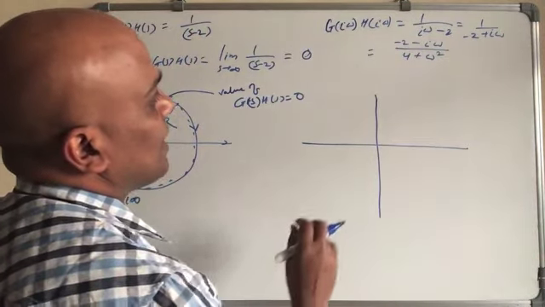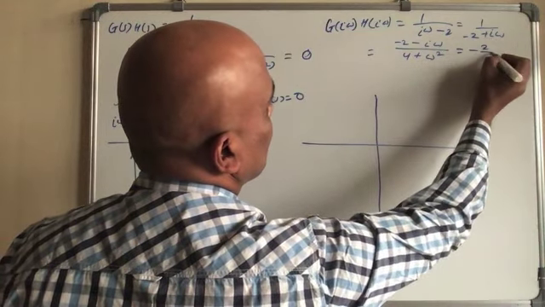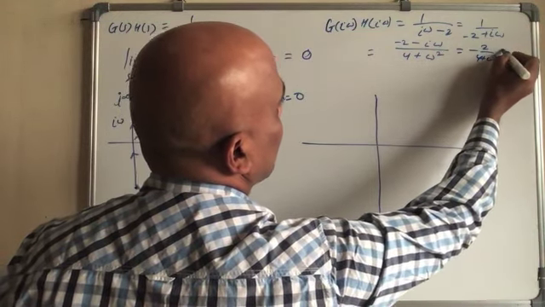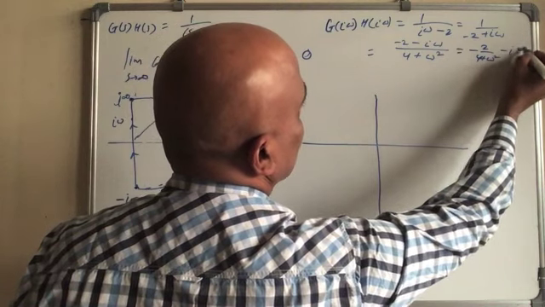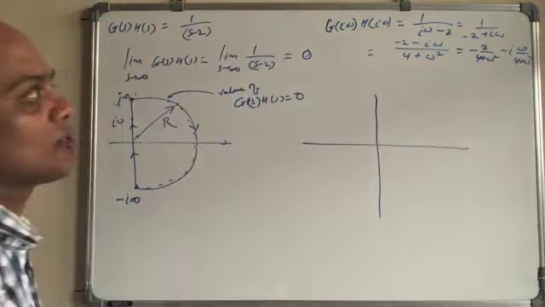Okay, and then what we have to plot is minus 2 over (4 plus ω squared) minus iω over (4 plus ω squared).